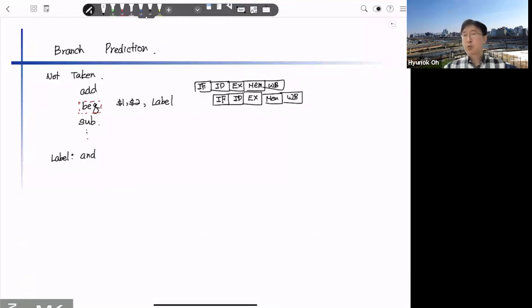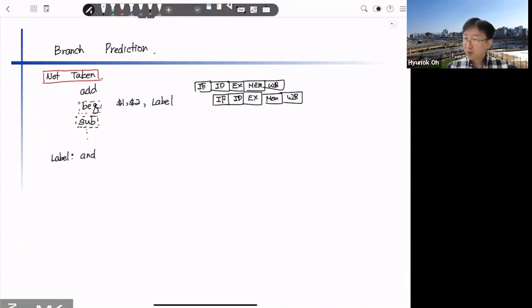Okay, so in the previous case, after the instruction decode stage, we know whether this is branching or not, right? Here, we are just assuming that it's not taken. Then which instruction should be fetched? Yeah, subtraction.